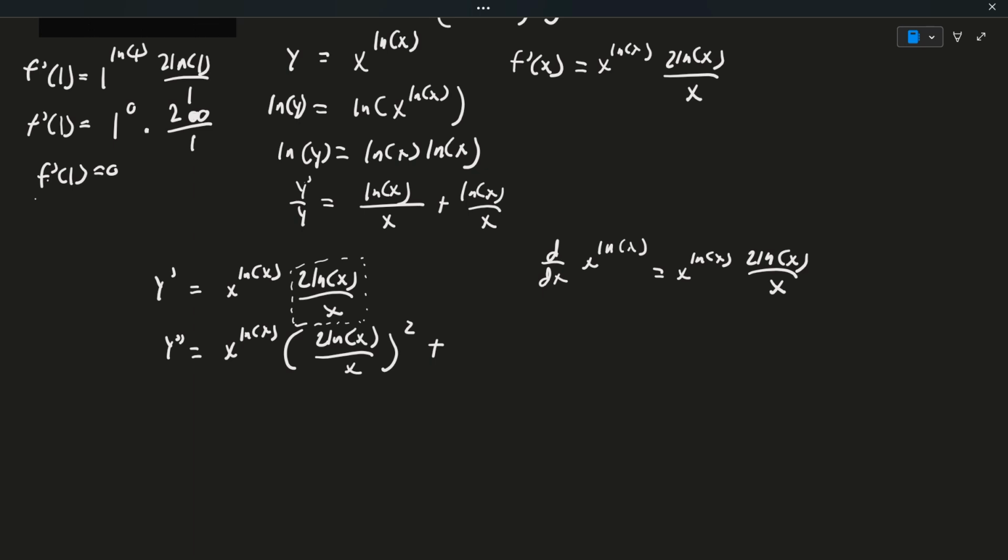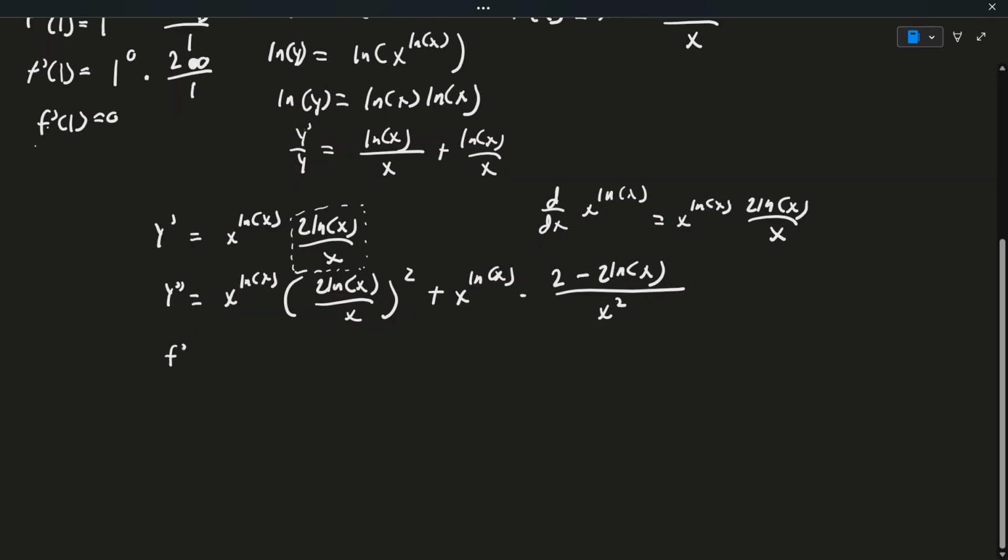By using the quotient rule, the derivative of 2 ln of x is 2 over x times x, that's going to be 2. So 2 minus the 2 ln of x times the derivative of x, which is 1, so that will be just 2 ln of x. And this is all over x squared.